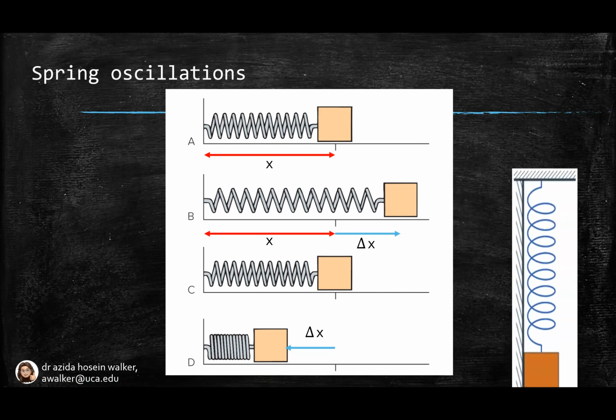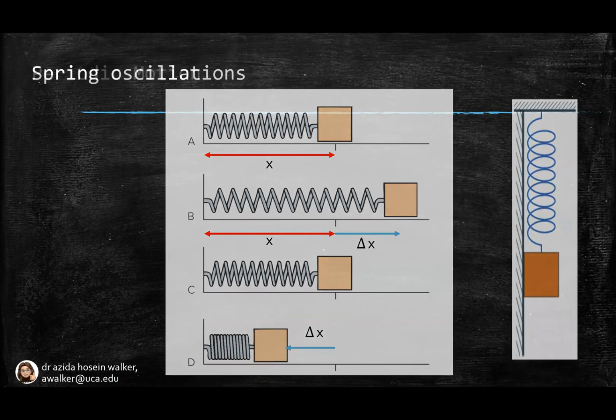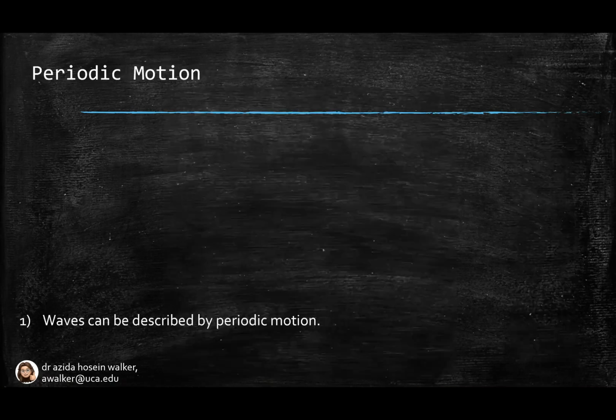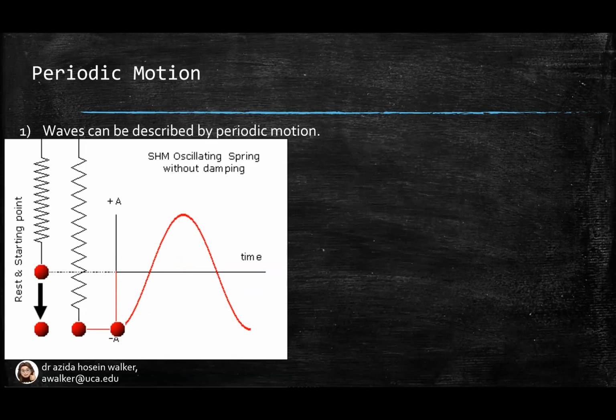This pattern repeats itself as long as the spring doesn't lose its energy and eventually come to a rest. One of the words used to describe this kind of repeating motion is periodic motion. And similarly, waves can be described by periodic motion.